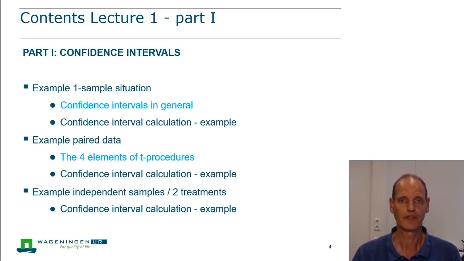And I will end with showing how to derive, how to calculate the limits for a confidence interval for that example. For the one sample case and the paired data case, I also include some general information which is of general importance, namely confidence intervals as a topic and the 4 elements of t-procedures. As we will see, they play a very important role in easily doing these t-procedures.